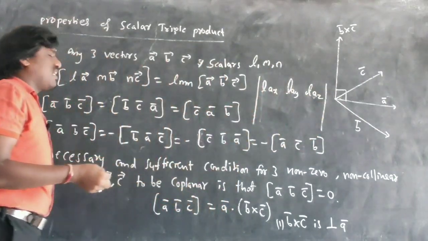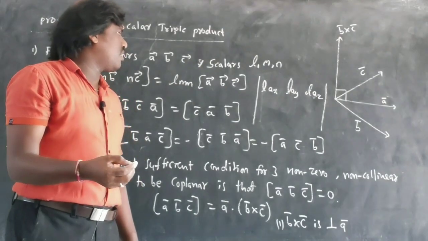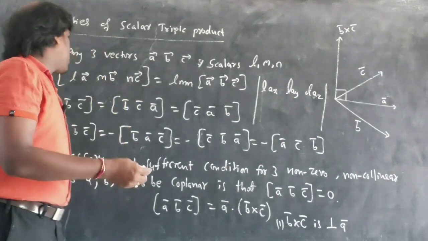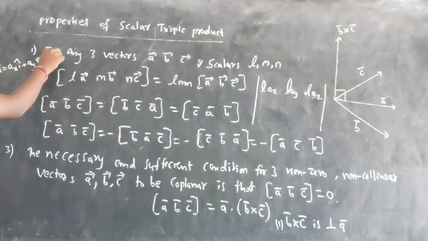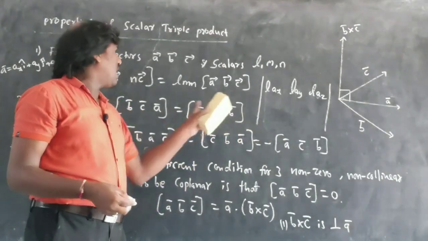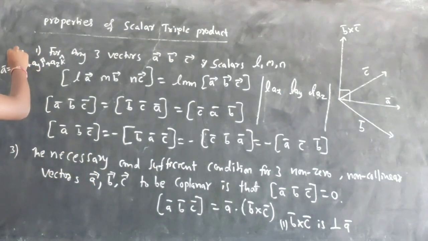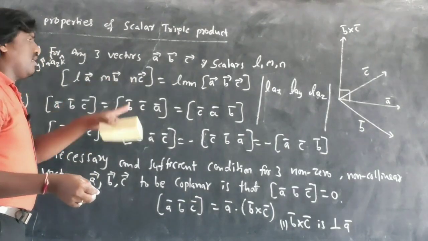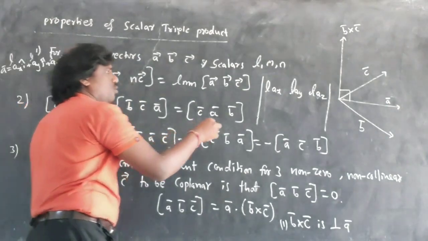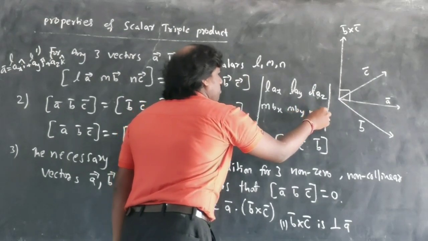Suppose a vector is ax i cap plus ay j cap plus az k cap. Then l is multiplied here, so I get lax, lay, laz. mb means m will be multiplied, so what I get here is mbx, mby, mbz.